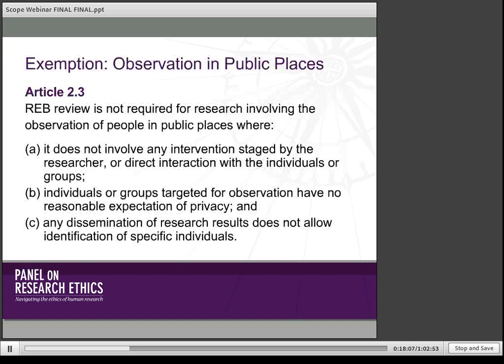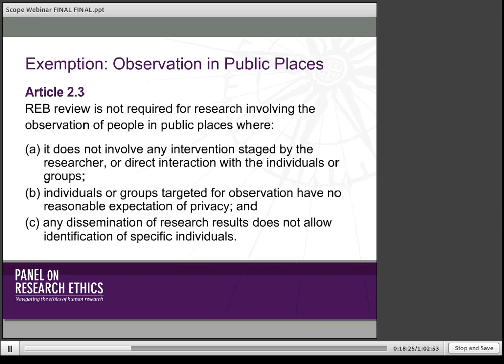Next slide. Exemption, observation in public places. This is the article that deals with the exemption associated with observational research, Article 2.3. It lays out 3 conditions, all of which must exist for an exemption from REB review.